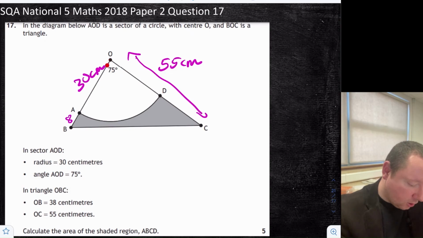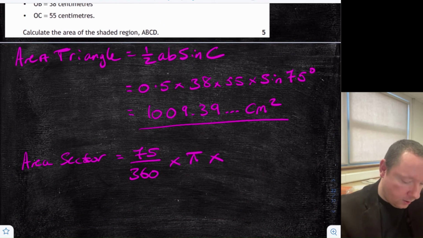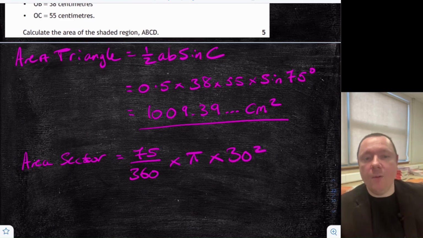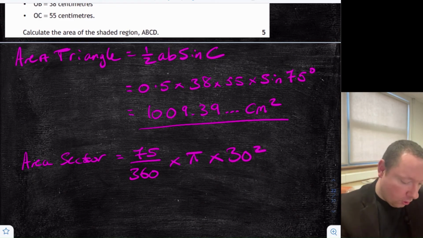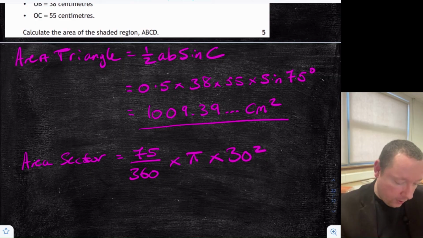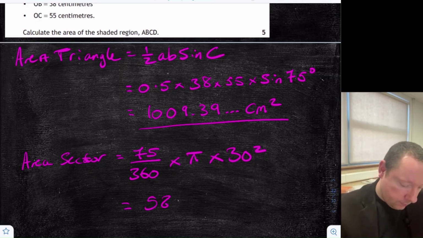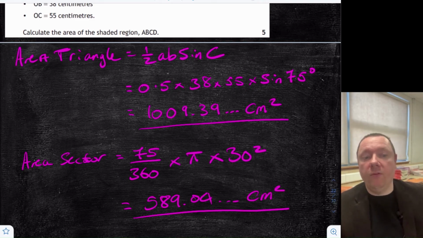The radius is just 30 centimetres, so it's 30 centimetres squared. So you get a mark there for identifying your fraction, and you get a mark for writing down fraction times pi times 30 squared. And if you work it out in a calculator, you get 589.04 centimetres squared. So far we have got 3 marks.